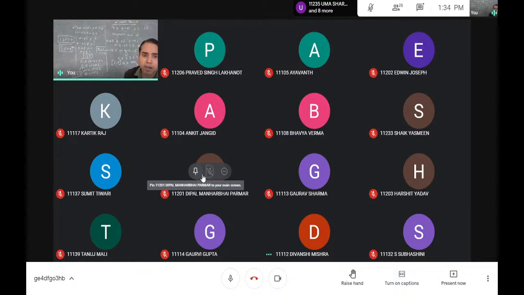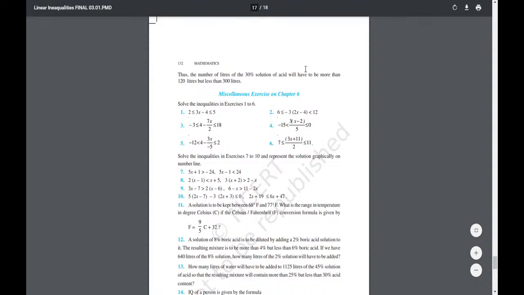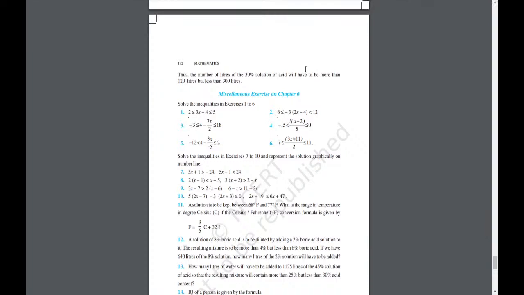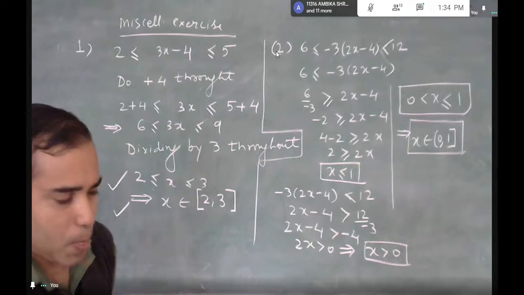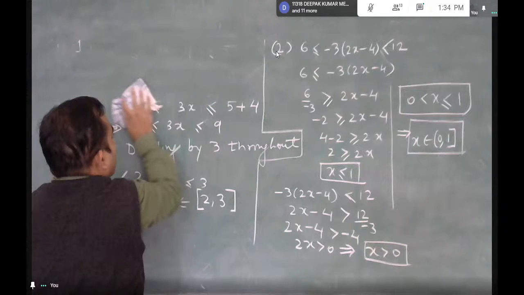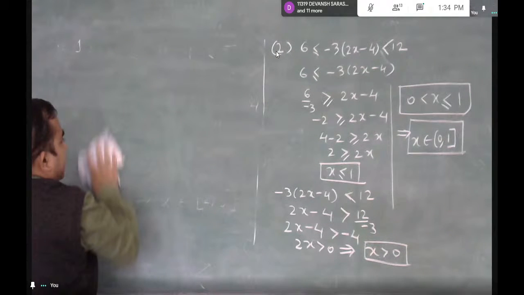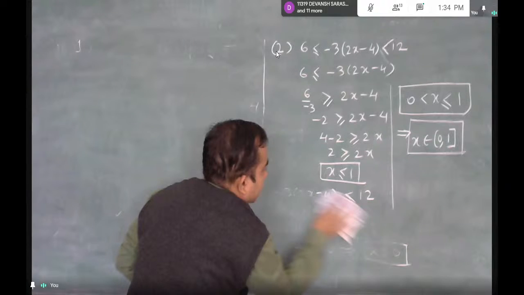Will you read question number 7th? Yes, sir. Instead of 7th, let us take 10th. There seem to be a few more things in it. Deepal, please read question number 10th. The question is the same. We have to solve both the inequalities, right? Yes. Please read.